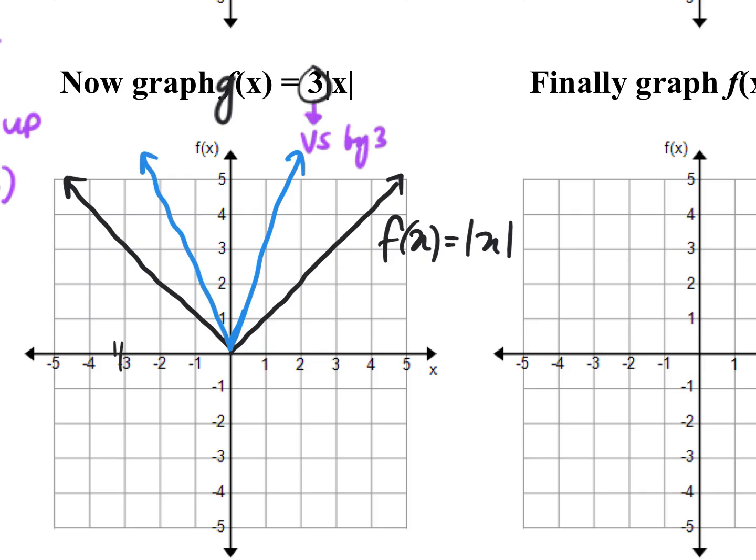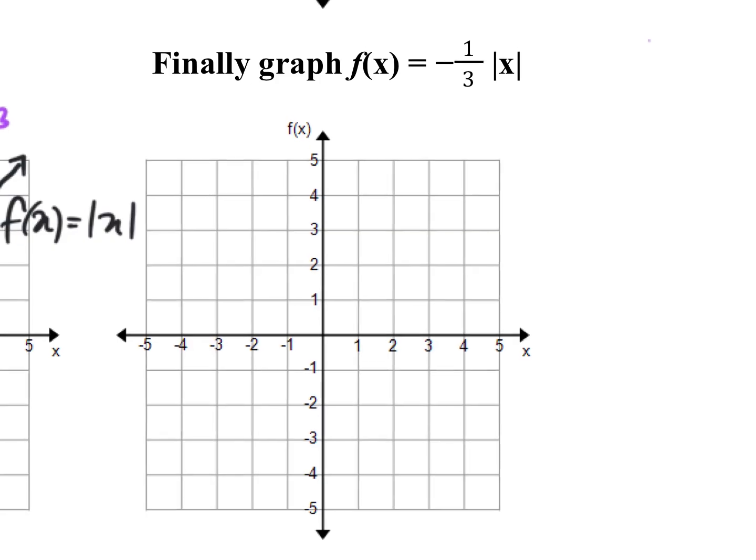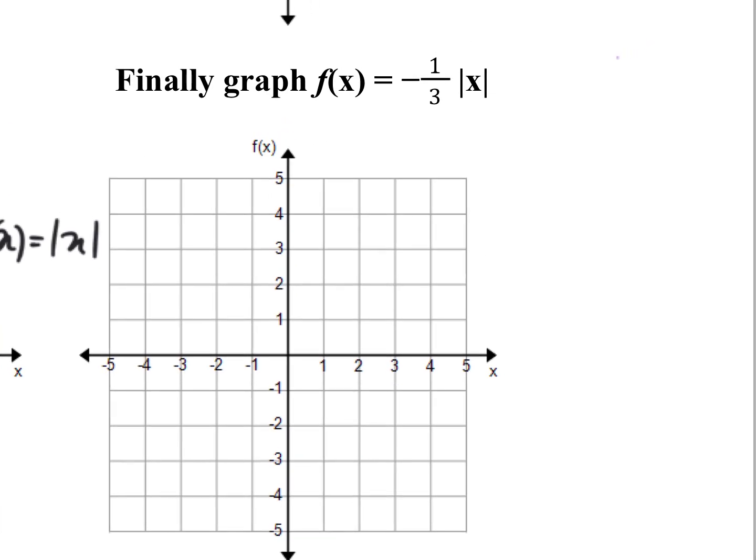It means that from the parent function as your basis, it's now going away from the x-axis. That is what you call g of x equal to 3 times the absolute value of x, a vertical stretch by 3.